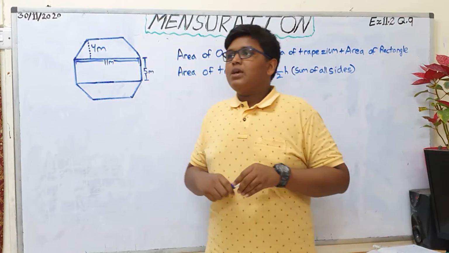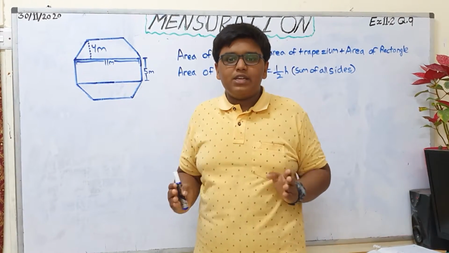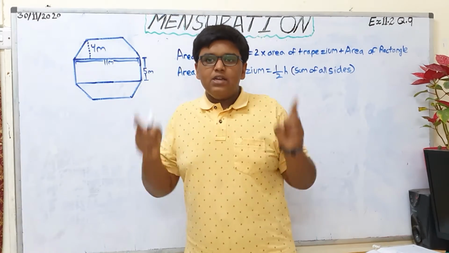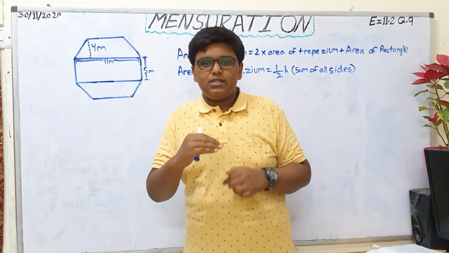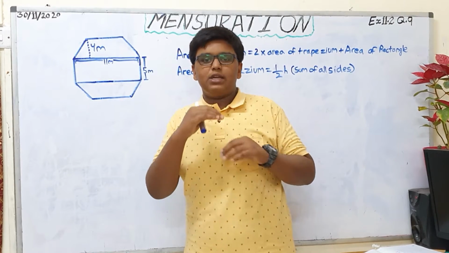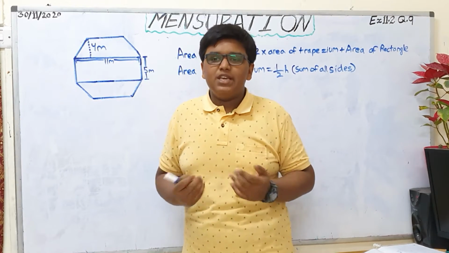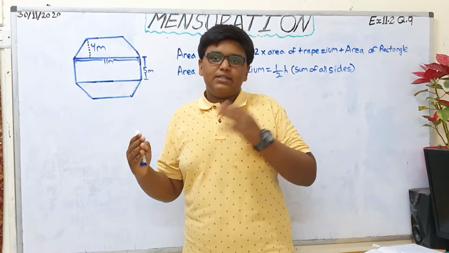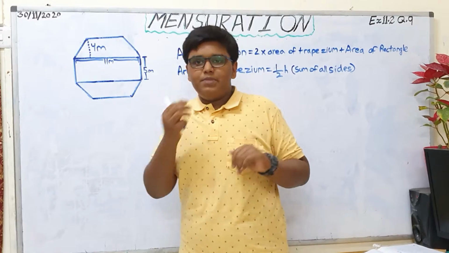As the polygon, every polygon has their sides equal. Now for example, we will take rectangle. Now rectangle has a length, and the upper length and the lower length, both will be equal, and the right side breadth and the left hand side breadth, both will be equal.